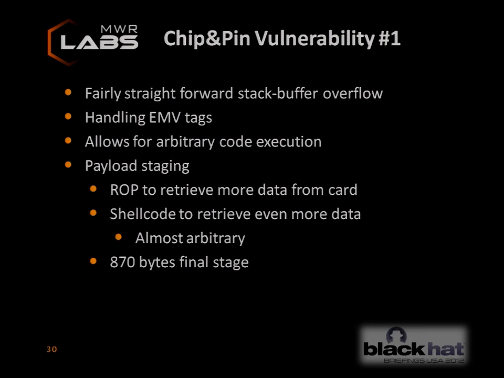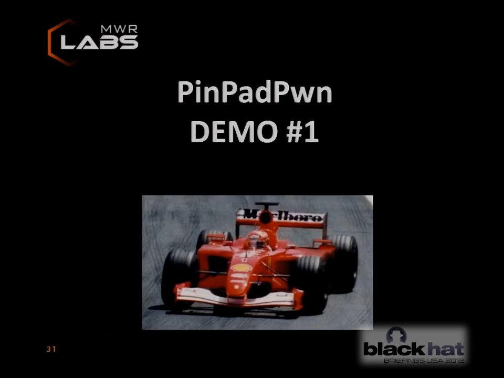And the second stage was around 200 bytes of control data, and allowed us then to implement a shellcode which can load an almost arbitrary amount of data from the smart card into the memory, and then we are able to execute this as our final payload. And in the demonstration that we will show now, this payload is actually 870 bytes of ARM Thumb instructions. And that will be our first demonstration.